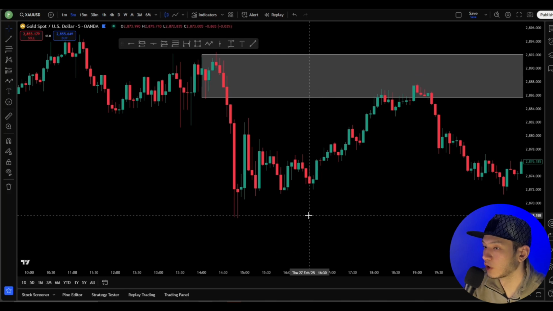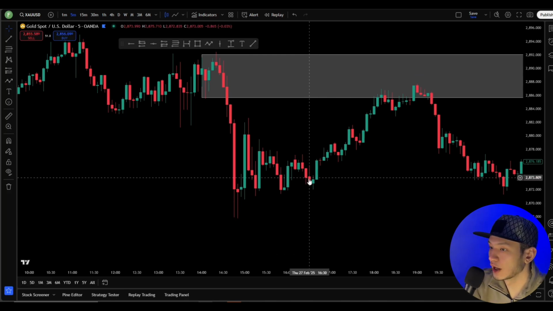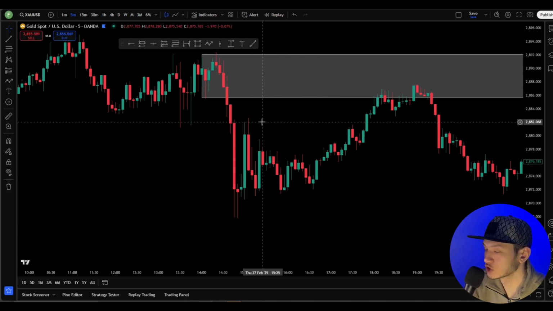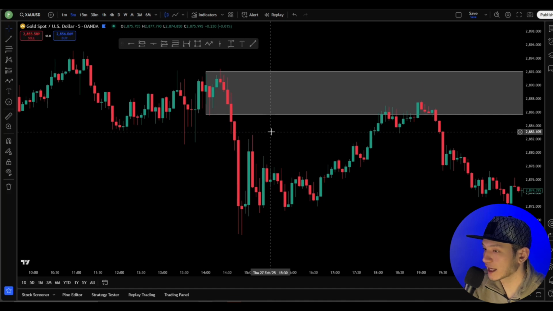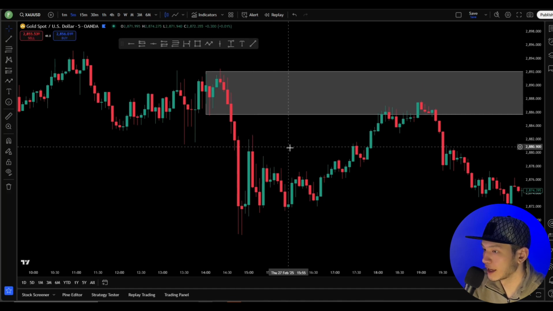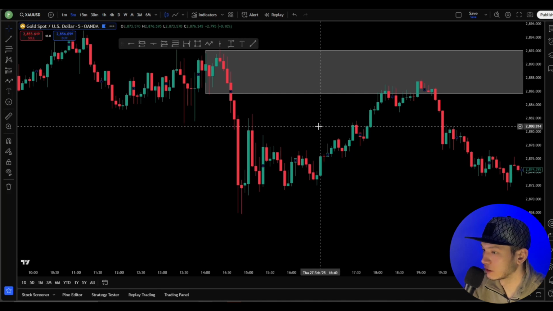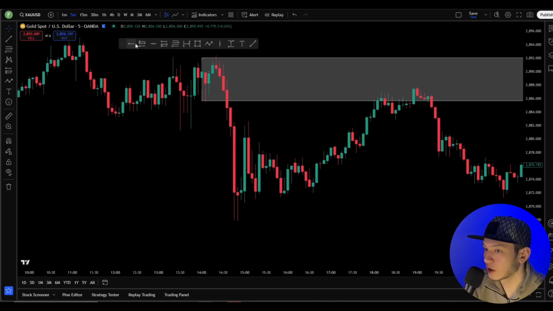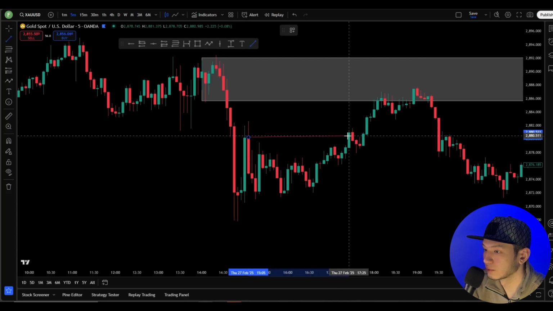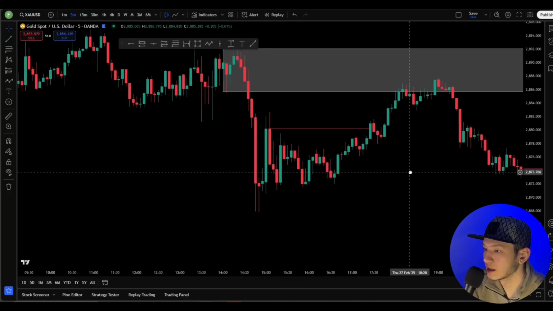Okay, so what's really important is to mark the external and internal structures. A lot of traders actually mark a breakout when they see the wick of the candle. Say for example, they mark the breakout based on the body close, and they mark it like that.